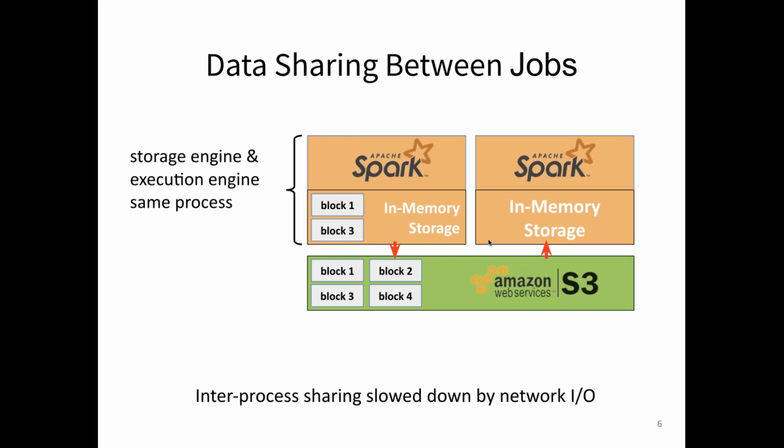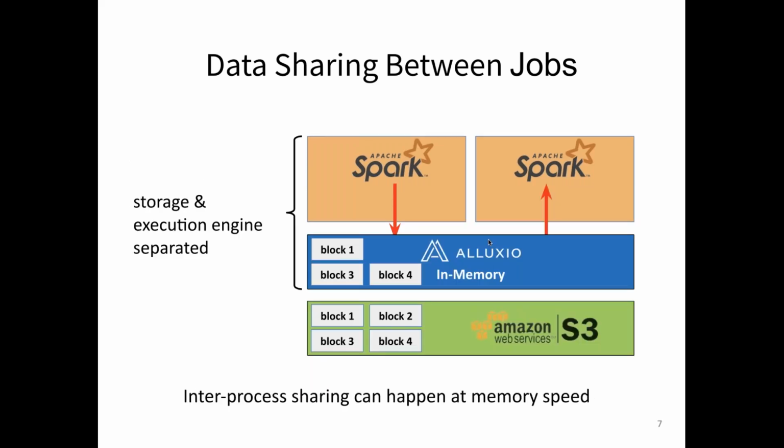And inter-process data sharing can also be slowed down by the network I/O, because during peak time, you may see a lot of people competing for the network I/O to S3. So one way to solve this is to deploy Alluxio as a staging data area for your Spark jobs. The first Spark job is writing data to Alluxio in memory.